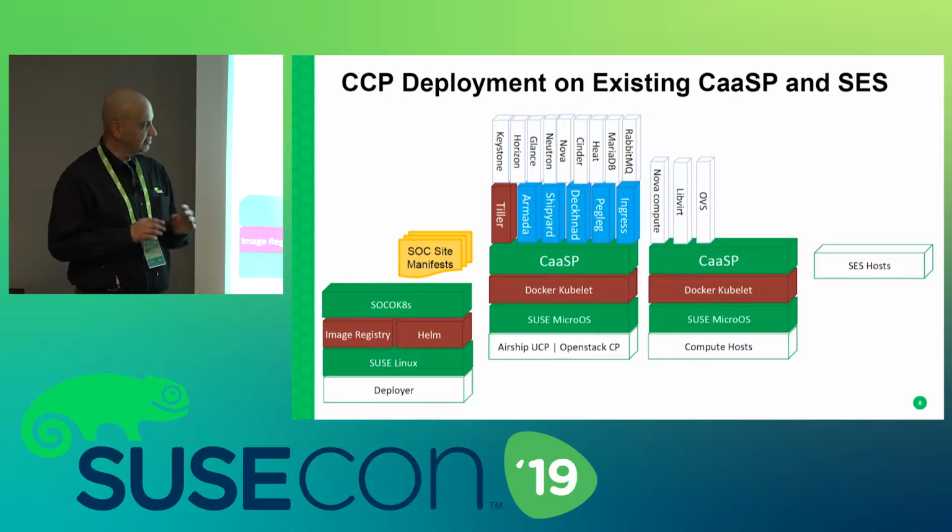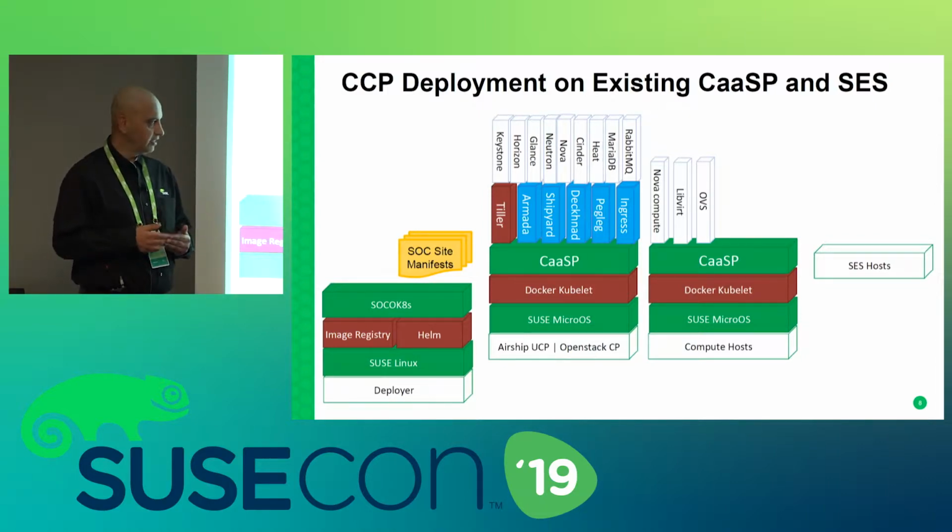So in this tech preview, what we are focusing on are only the components which are primarily used for our use case, which is that the customer will already have a CaaS cluster deployed, and they will already have SES storage configured.